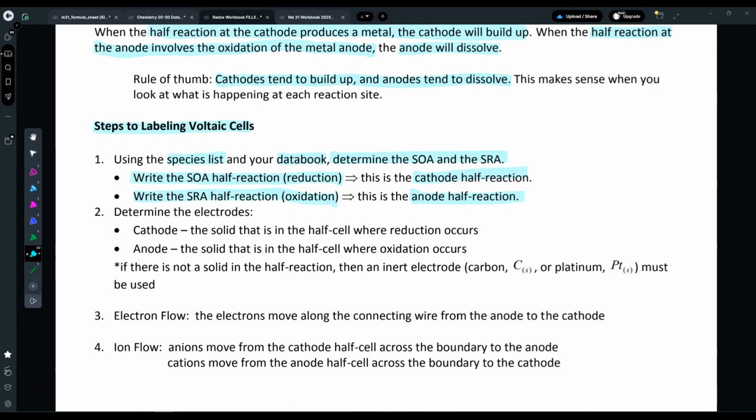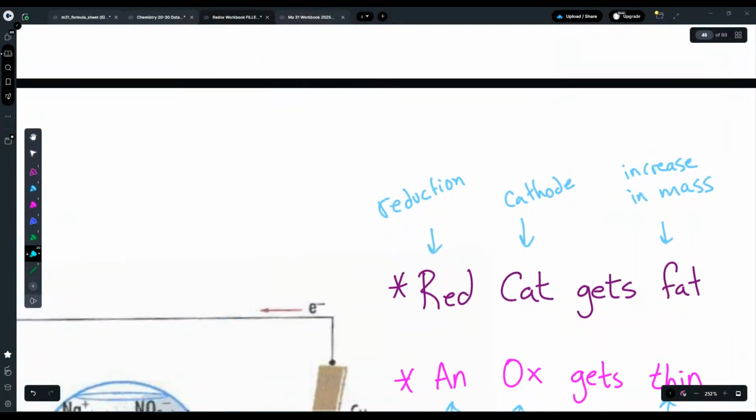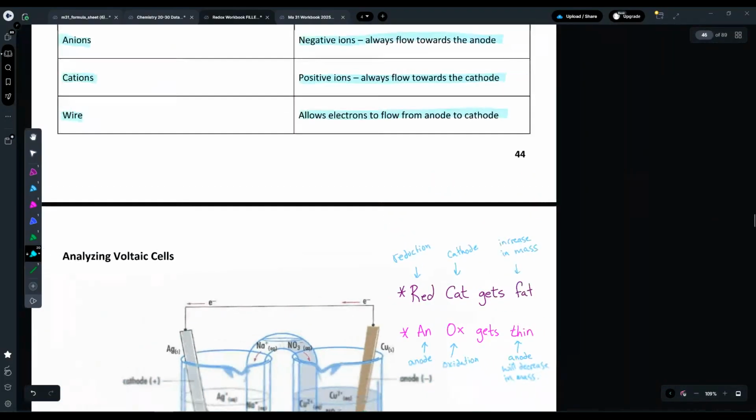Next, you're going to determine what your electrodes are. So figure out what is your cathode and what is your anode. And remember, our electrodes, whether we're talking about the cathode or the anode, are both solids. The cathode is where reduction occurs. So back to red cat gets fat. Reduction happens at the cathode.